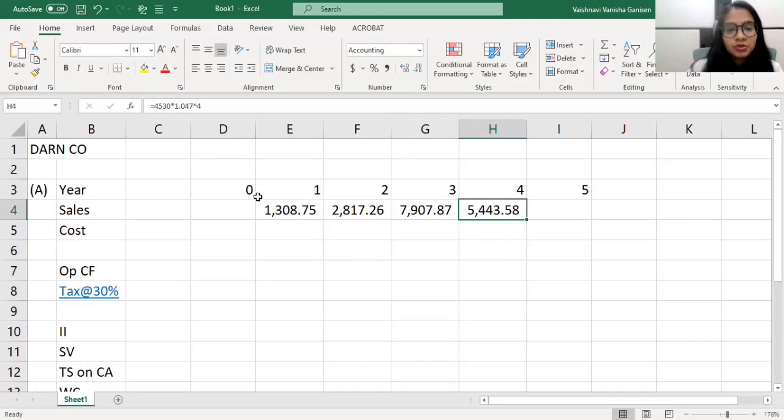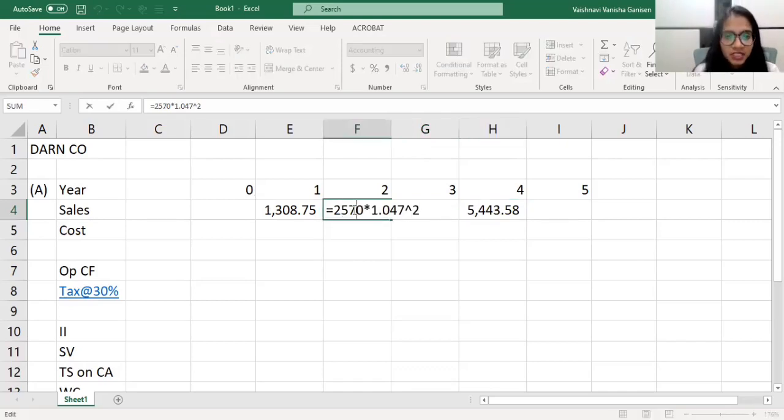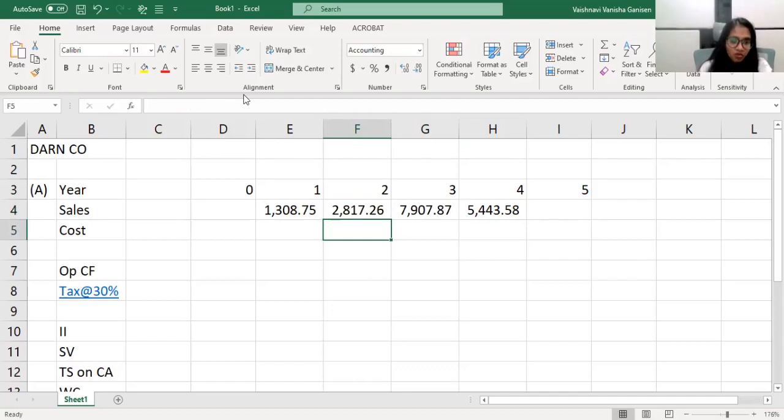Okay, before that, let me just explain to you why is it that I take 2570 and then I multiply 1.047 to the power of 2. Why do I do that? Because the examiner has stated that the cash flow that he gave you in the forecast did not include inflation.